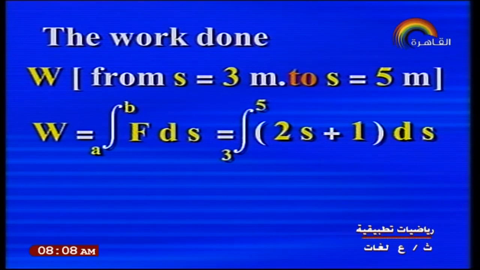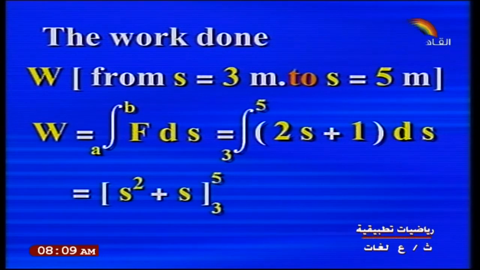We find the integration of 2s plus 1 with respect to s. What is the integration of 2s? It is s squared. Why? Because the integration of 2s is 2s power 2 over 2. The integration of the constant 1 is s.